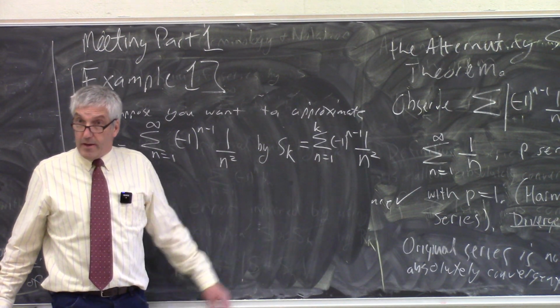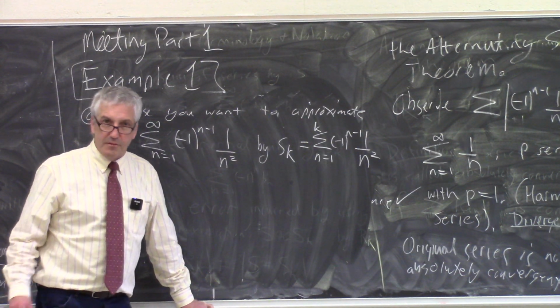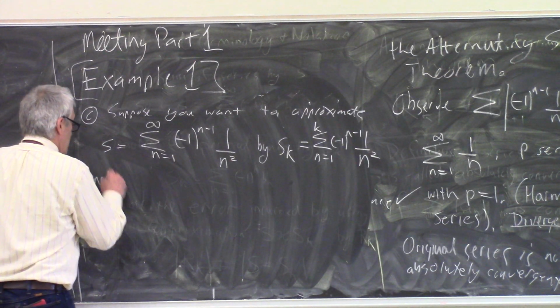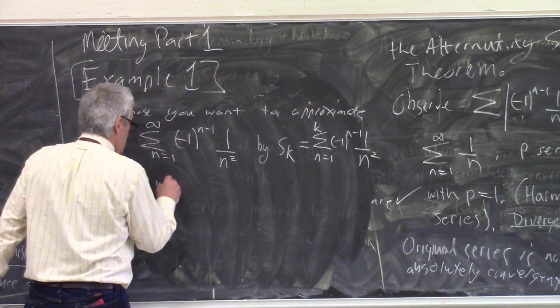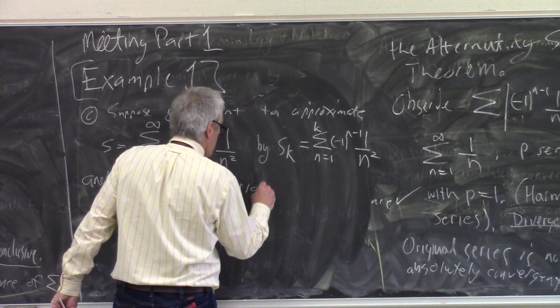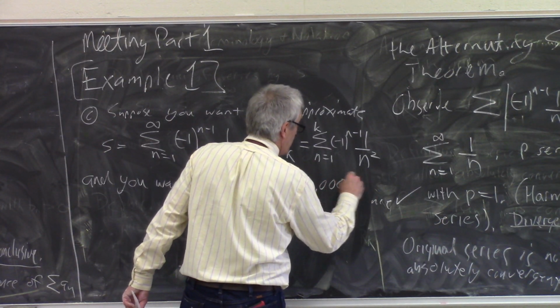You're going to make an error. I mean, there's going to be some error in not adding up all those terms. Suppose we want the error to be less than 0.0001.